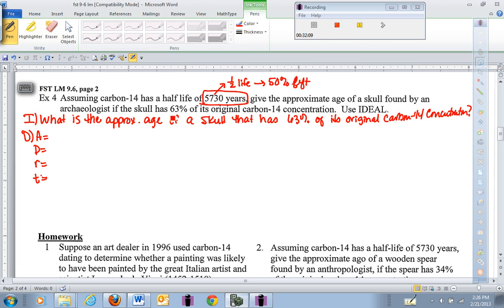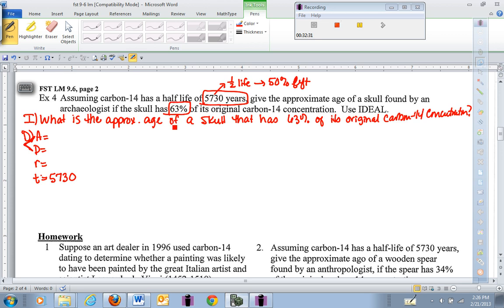Okay? We have 63% left, don't we? So if I use the time of 5,730, then it goes with an A and a P that are half of each other. And it didn't tell me anything about how much concentration or whatever.